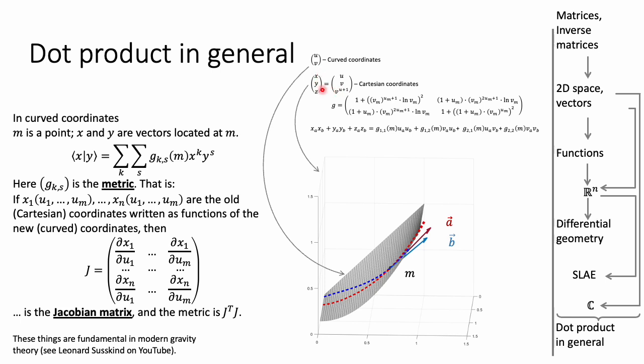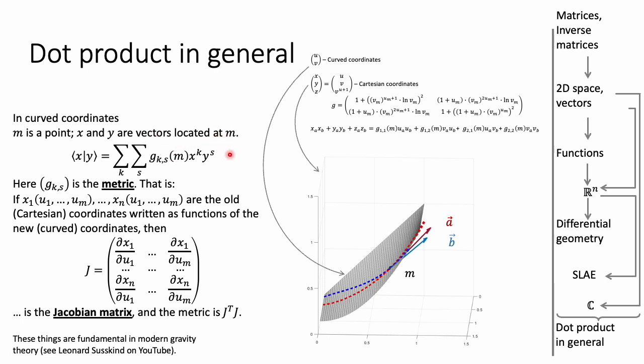So we compute the Cartesian coordinates from the curved ones using this formula here and the Jacobian matrix. We compute the metric matrix, and then we compute the dot product between those two vectors within this curved space according to the formula for the dot product with the given metric.